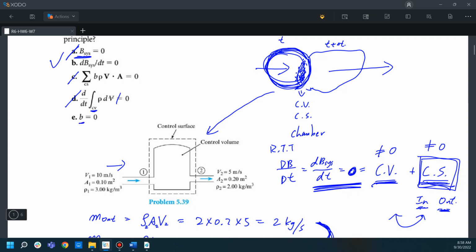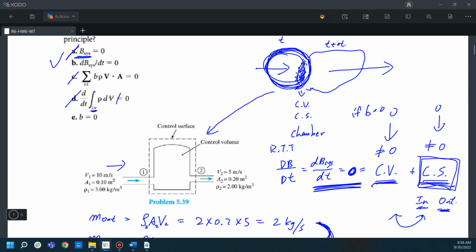And this B represents the intensive property, and we know that we do have an actual flow with the density happening in this system. So this B cannot be 0. Otherwise, the control volume term will also be 0, and the control surface term will also be 0 if B is equal to 0.